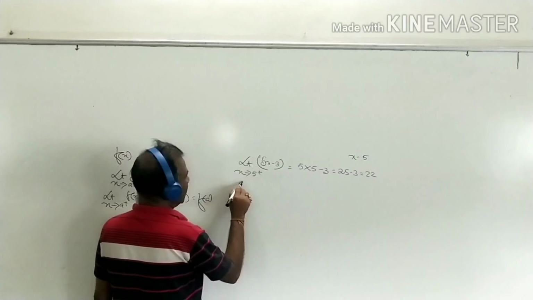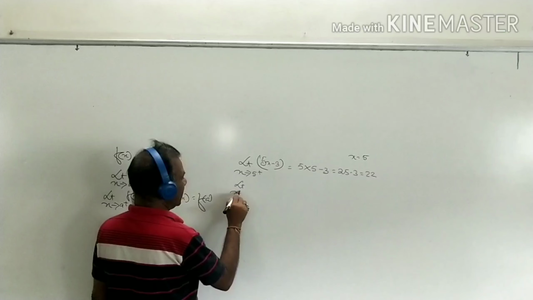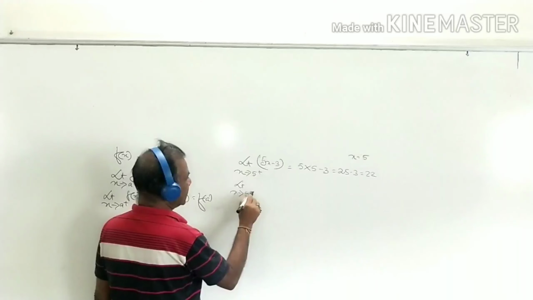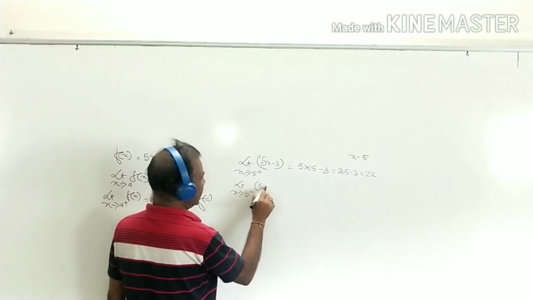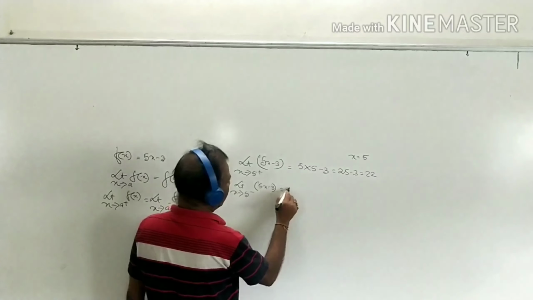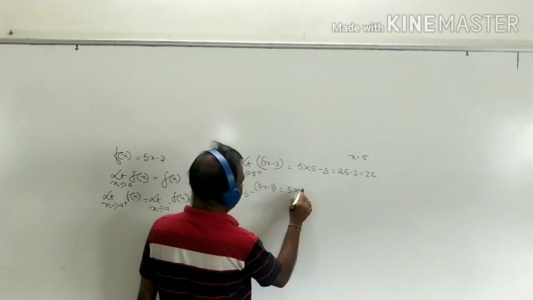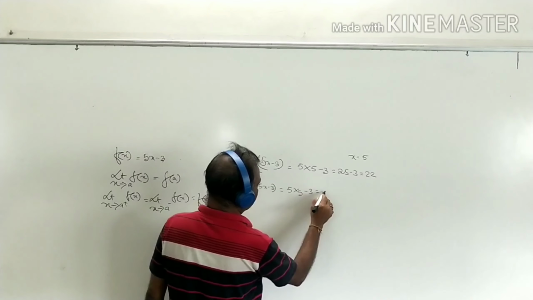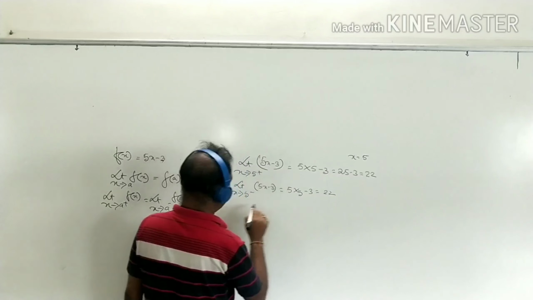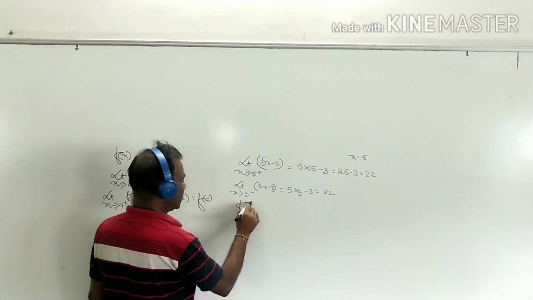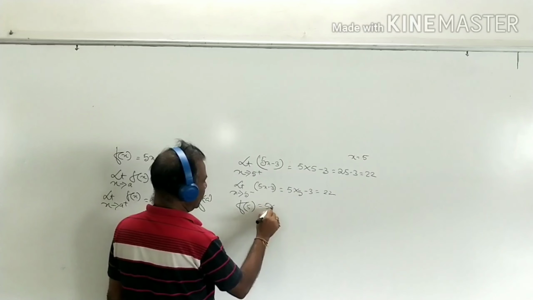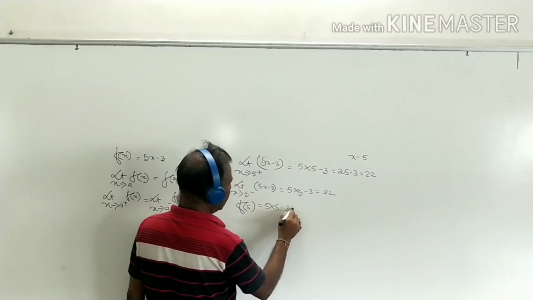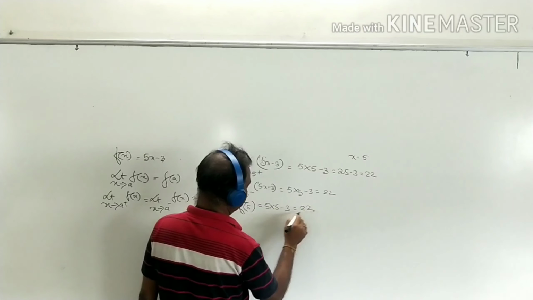Limit x tends to 5 minus 5x minus 3 equal to 5 into 5 minus 3 equal to 22, and f(5) is also equal to 5 into 5 minus 3 equal to 22.